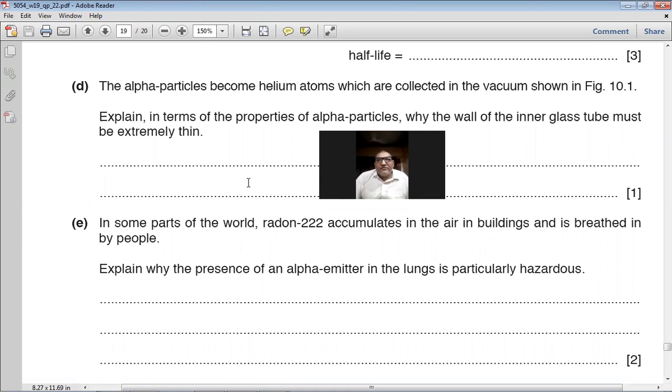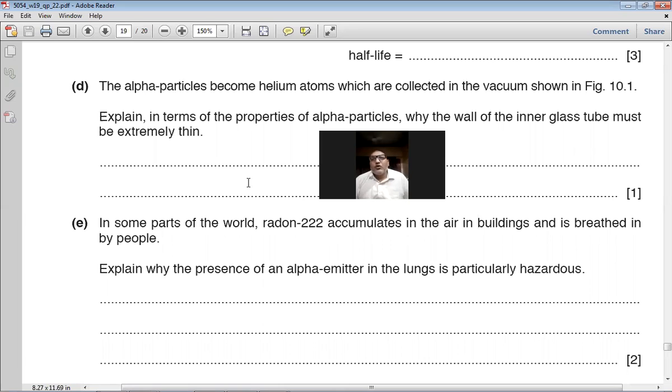Alpha particle becomes helium atoms which are collected in the vacuum shown in figure 10.1. Explain in terms of properties of alpha particles why the wall of the inner glass tube must be extremely thin. The wall should be extremely thin because alpha particles have very low penetration power.